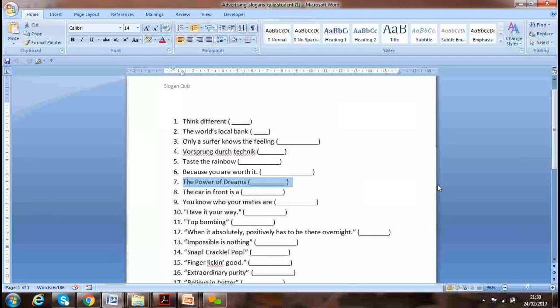The power of dreams, which company do you think? Honda cars. Yes, the Honda company. The slogan is the power of dreams.